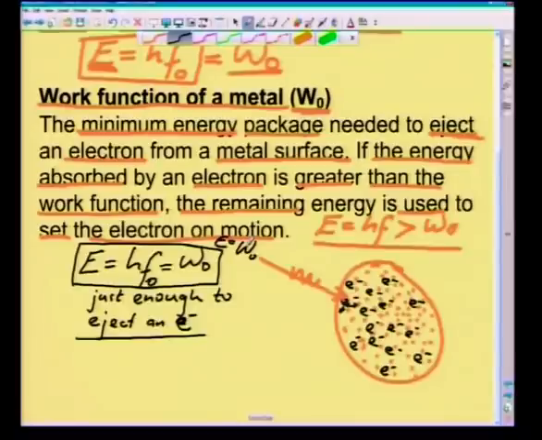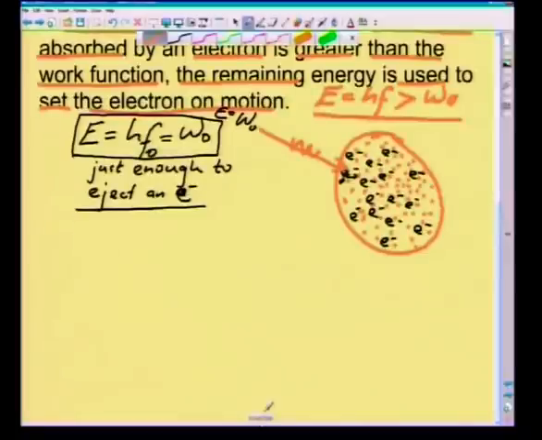But then you can have a situation where another packet of energy comes here, and let me use a longer ray of light there, saying that the E that is coming in here is greater than the work function.